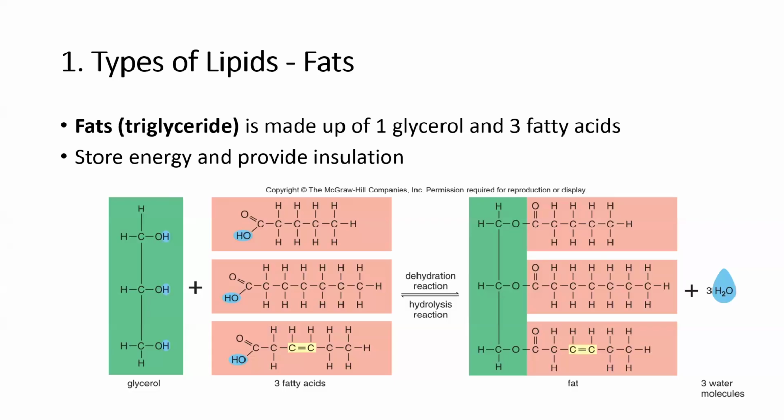On the other hand, if it has the double bond, then it still has room for more hydrogen. So if it has a double bond, we say unsaturated. And if it has no double bond, then we say saturated.